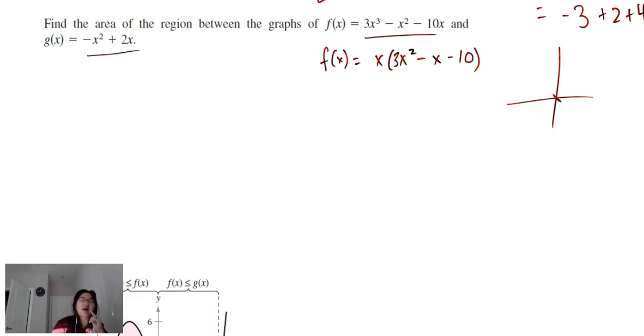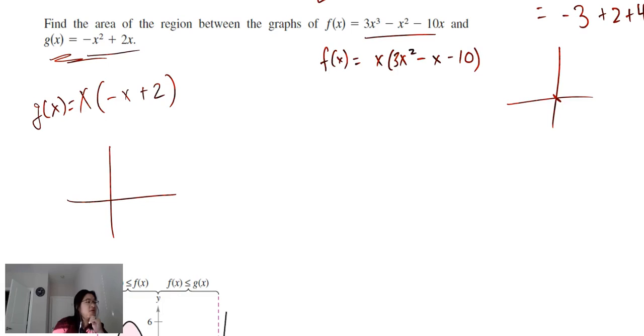Because we know that x equals 0 is the intercept. And then look at g. We also have an x-intercept for g at 0. So if we have intercepts at 0, and this is going to give us positive 2 as an intercept.